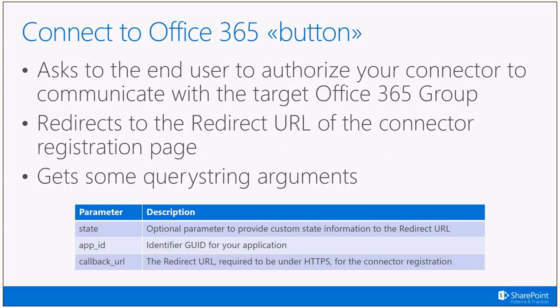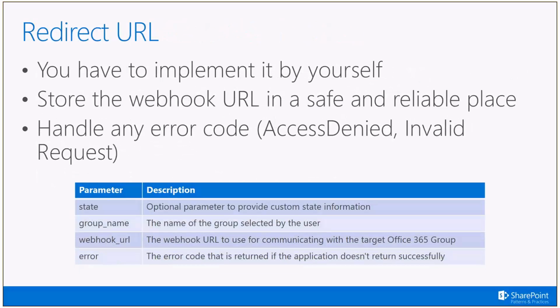And as soon as the end user clicks a button to physically create the connection between your connector and the group, the browser of the end user will be redirected to the callback URL, which will be a page you have to create from scratch, and which will get, still through the query string, 4 arguments.